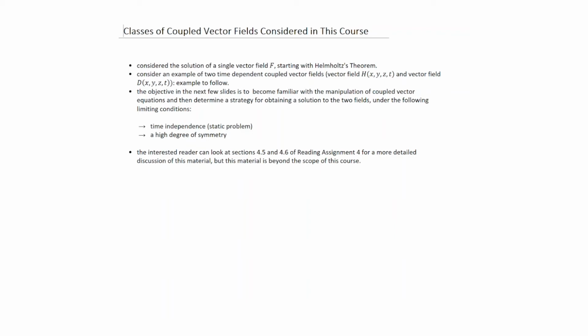Under these two conditions, we can apply Stokes' theorem or the divergence theorem, depending on whether we're dealing with a source-free problem or an irrotational problem, to solve for the vector field F. If you want more information, you can go to sections 4.5 and 4.6 of Reading Assignment 4 for a more detailed discussion, but it's beyond the scope of this course.